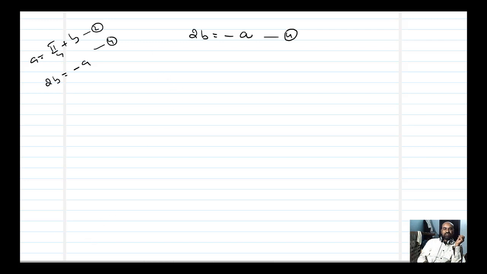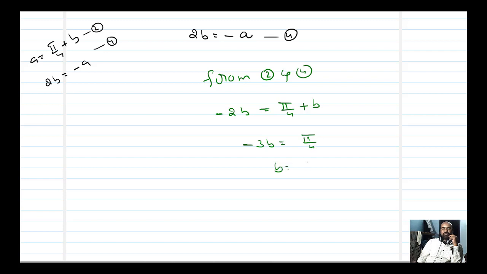Directly from 2 and 4, instead of this a I can write minus 2b equal to pi by 4 plus b, that is minus 3b equal to pi by 4, or b equal to minus pi by 12.